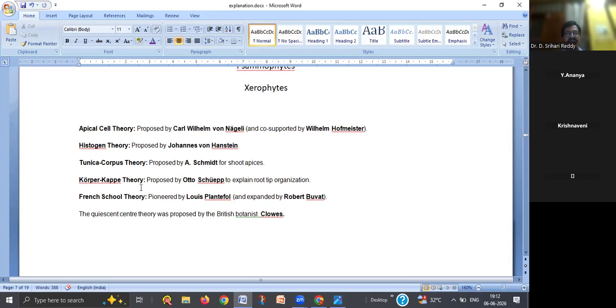And Korper Kappe theory, it is related to root apex, proposed by Schupp. And French school theory, it is also related to root apex, proposed by Plantefol and Bouvet. And also we discussed about the quiescent center theory, which was proposed by Clowes in case of the root apex.